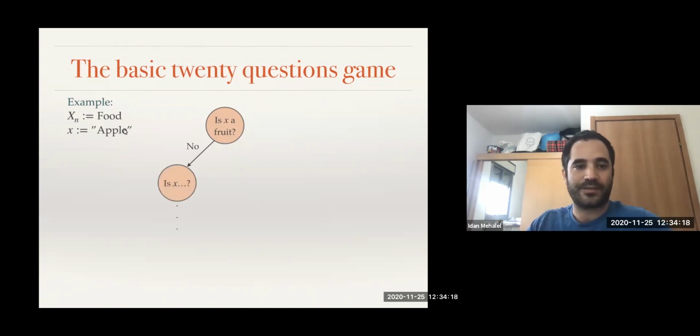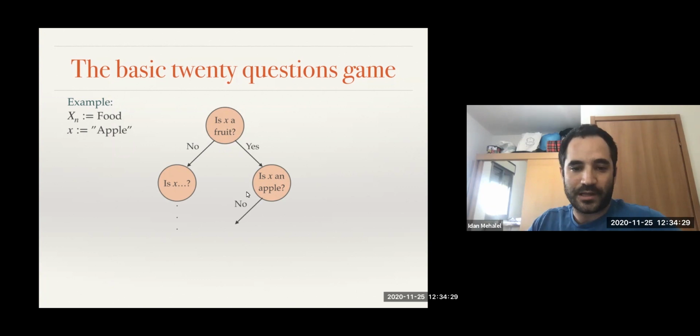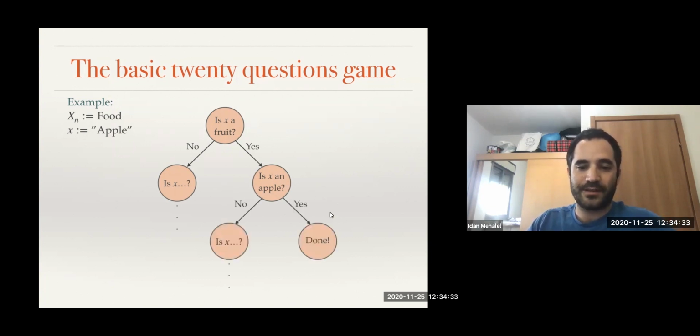But we know she's going to say yes because an apple is a fruit. So she will say yes, and then Bob asks another question. For example, he can ask, is X an apple? Alice says yes, and in this case, the game is finished, and Bob has revealed X after 2 questions.